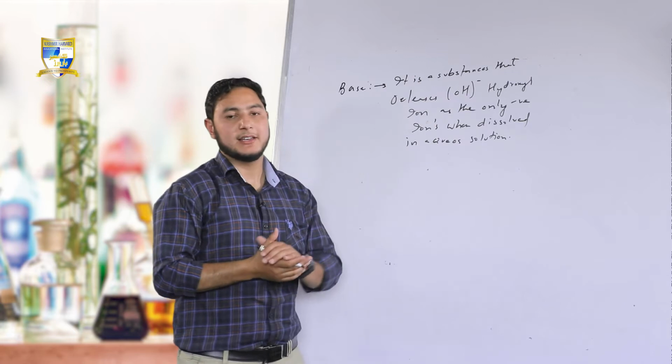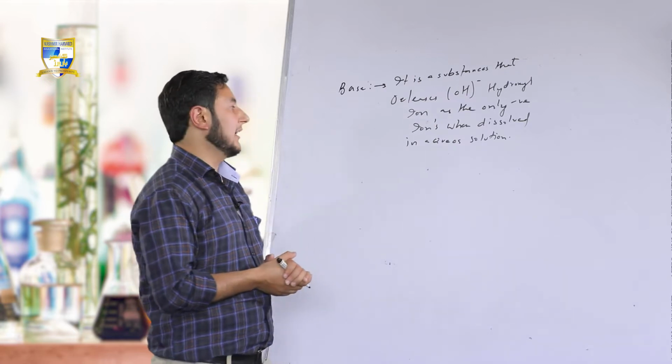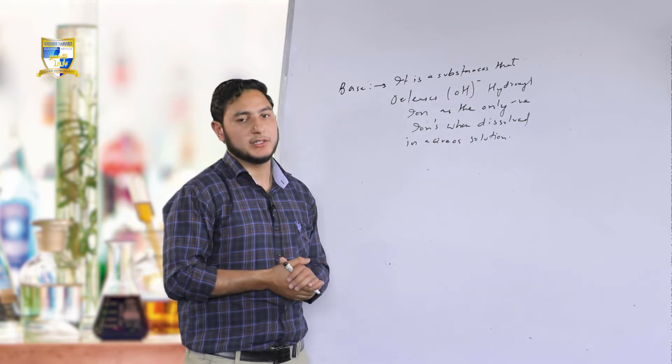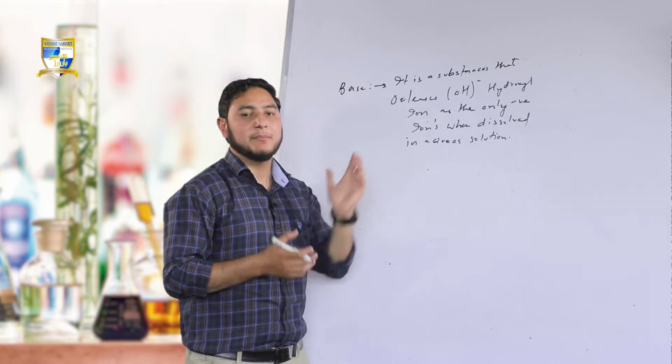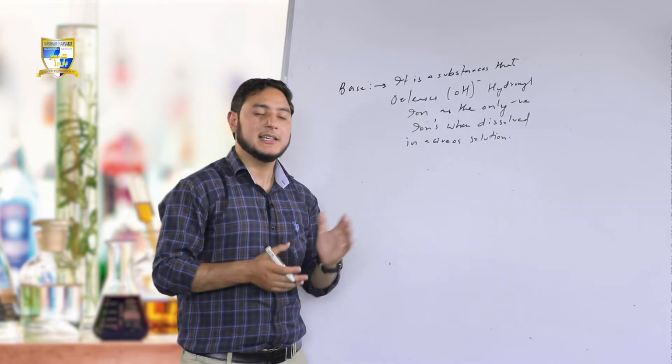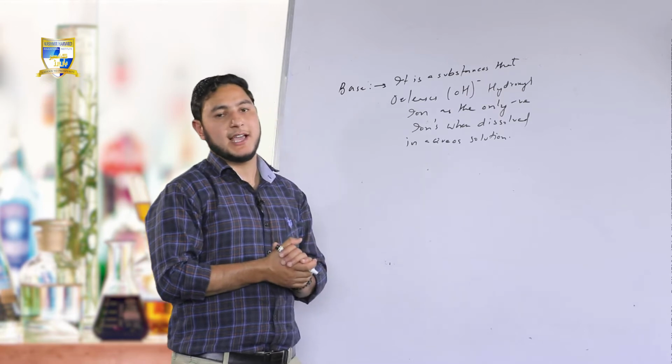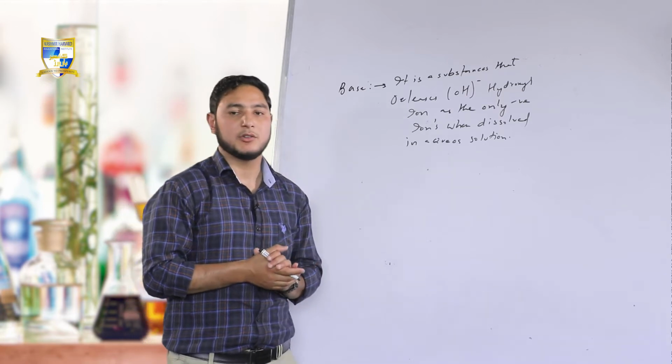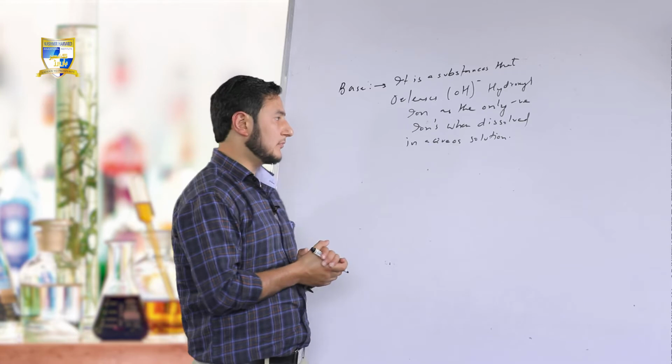A substance that releases OH negative ions as the only negative ions when dissolved in aqueous solution is called a base, or we can write a base is a compound that releases OH negative ions as the only negative ions when it is dissolved in aqueous solution.